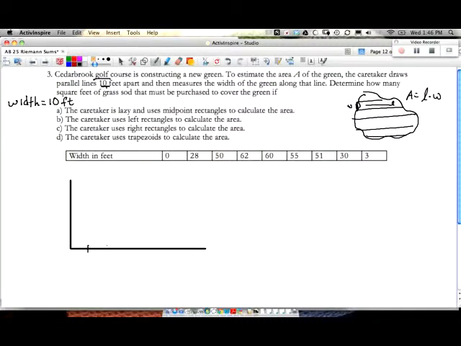For midpoints, we need to first have our data on the table here. So let's call this line 0. And this will be line 1, line 2, line 3, line 4, line 5, line 6, line 7, line 8. And remember, in between each of these is 10 feet.